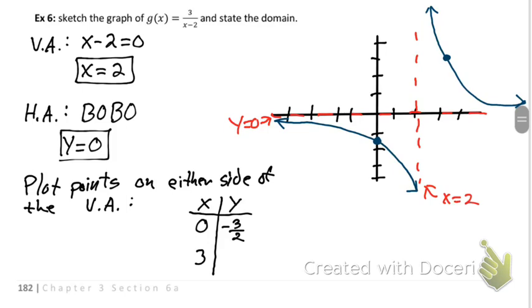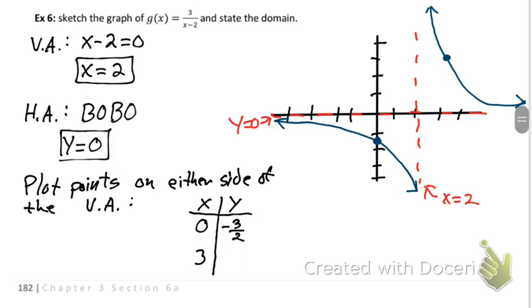Pablo. What's the domain? The domain for this one, if I asked for the domain, would be from negative infinity. I'm sorry, I went the wrong way. I did the range. But it'd be from negative infinity all the way to 2. Skip 2 to infinity. So it'd be all real numbers except for 2, which goes along with my vertical asymptote.